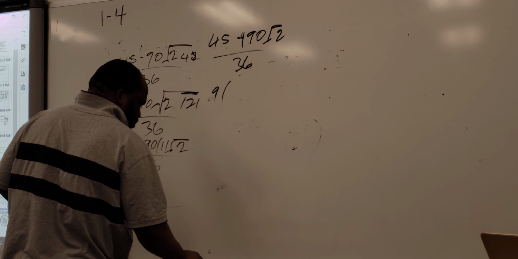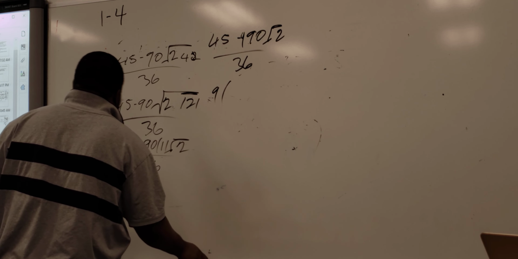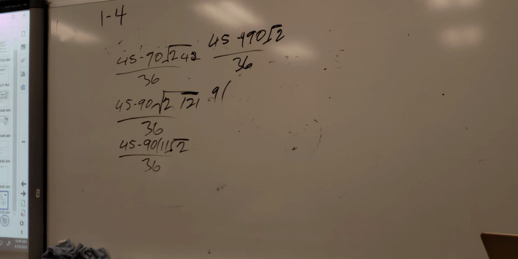Guys, right here, where she has a 45 for one term, she has this for another term, and this for another term. As long as I can divide all 3 terms by the same number, that's called reduced. I know that 9 goes into 36 and 45, so I bet that 9 goes into 90.